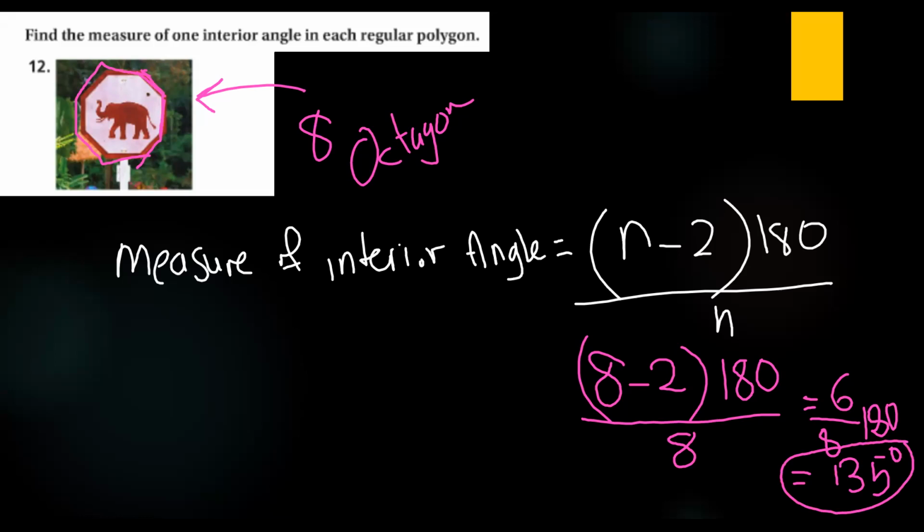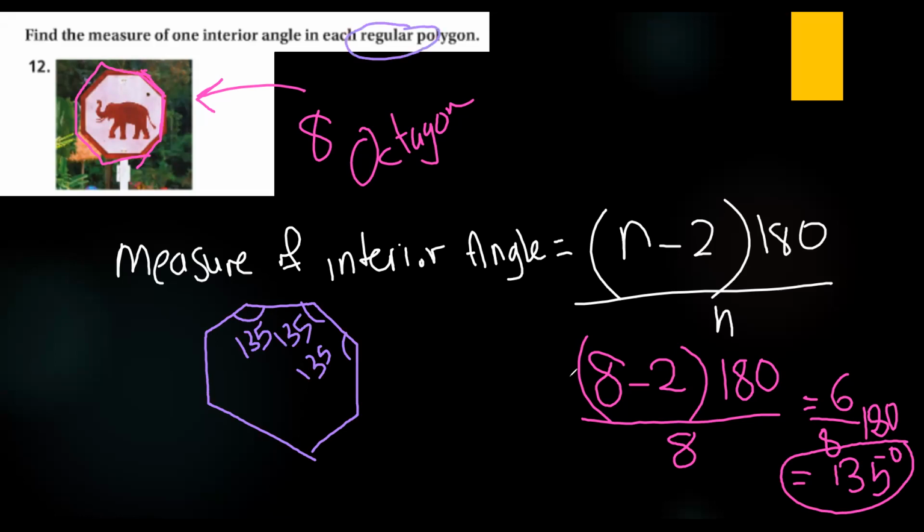When you draw an octagon with 8 sides, this angle here will be 135, and this angle here will be 135, and this one will be 135. Since it is a regular polygon, all the angles are equal.